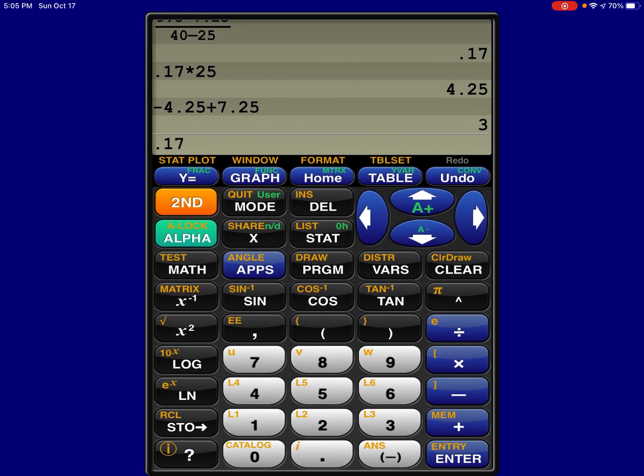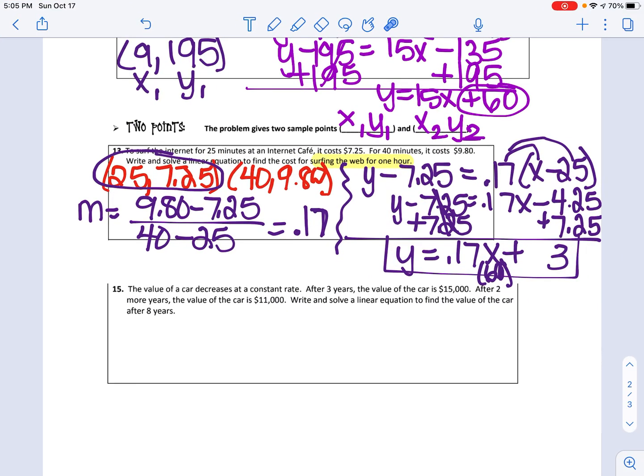So 0.17 times 60 plus 3 would be $13.20. So cost is $13.20. That's what it costs to surf the web for 1 hour.